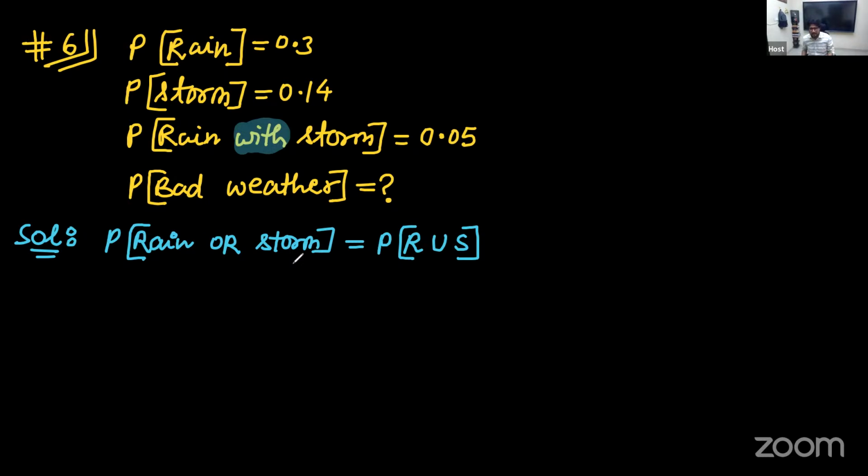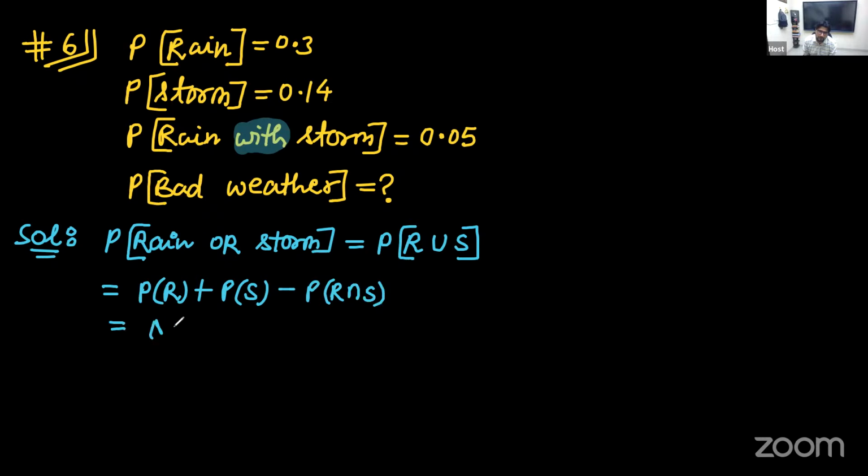My dear friends, we can write this: probability of raining plus probability of storming minus probability of raining as well as storming.